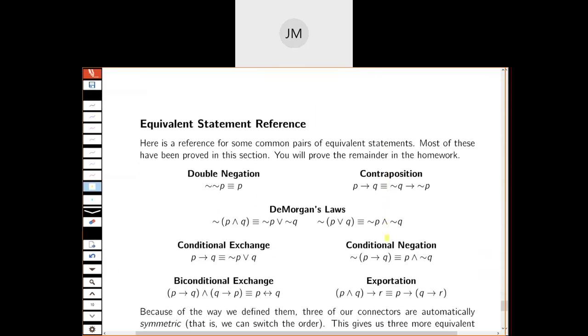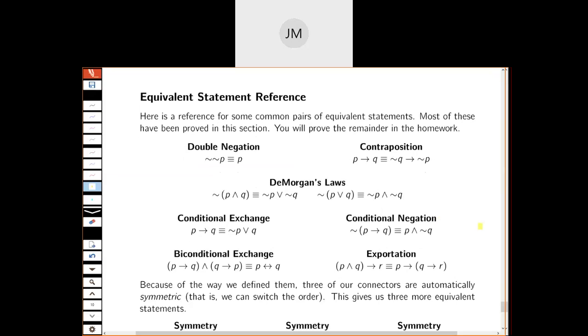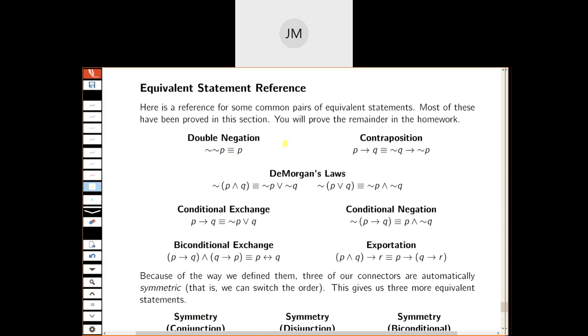Let's summarize all of this stuff that we have so far. This will be a nice reference sheet to look at for equivalent statements. This isn't every equivalent statement; there's no end. There's infinitely many equivalent statements that you could come up with.